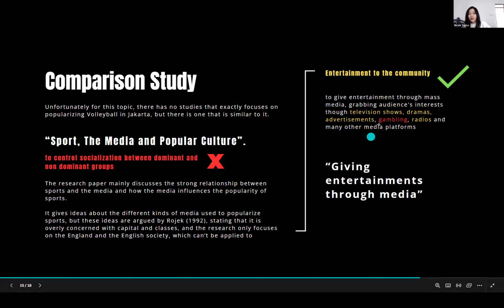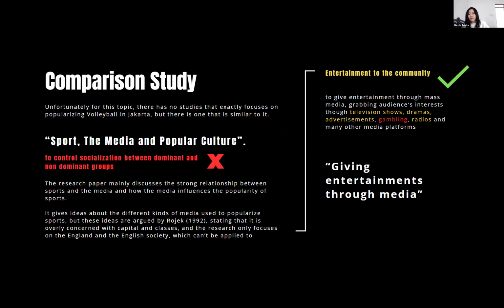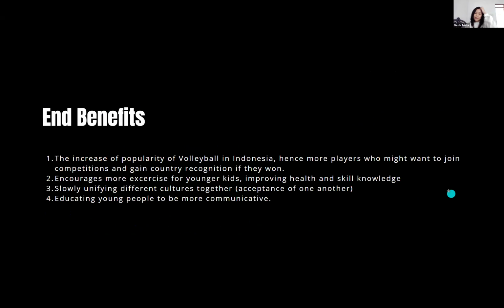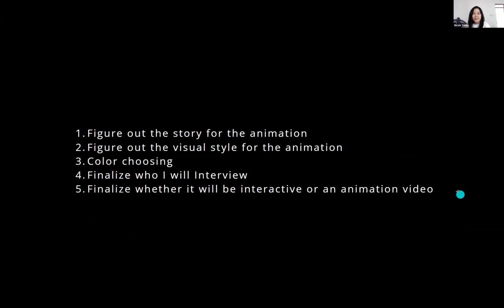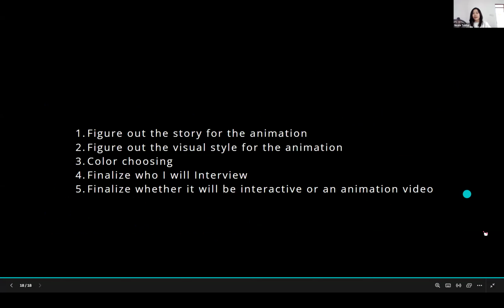But it mentions that sports can be used as entertainment for a community. So by making this animated video, I would try to make it entertaining and at the same time educational. The end benefit is that it does help. For example, if more people join volleyball in Indonesia, and if we succeed more, and so on. And this is just the planning for my next step.